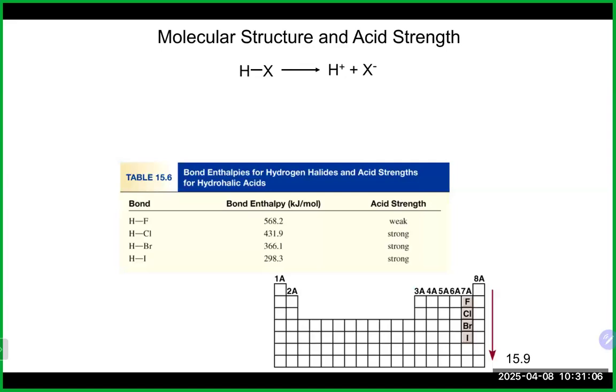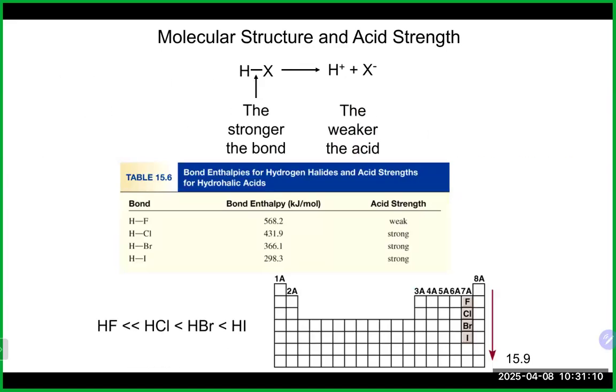Let's then talk a little about acid strength. And there's two types of acids, really. There are acids that have oxygen and acids that don't have oxygen. And when we look at acids that actually do not have oxygen, one of the things that you might think you want to look at is electronegativity.